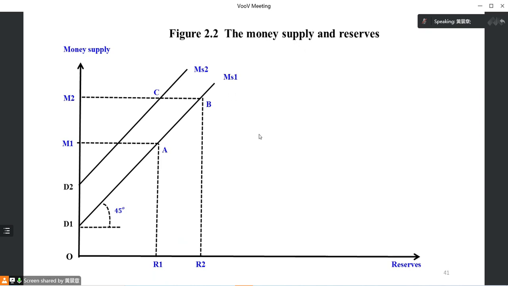Money supply means domestic money supply to the market. And reserves means official reserves. Let's see this figure 2.2. The vertical axis means money supply, which is domestic money supply. And the horizontal axis means reserves, which are official reserves.